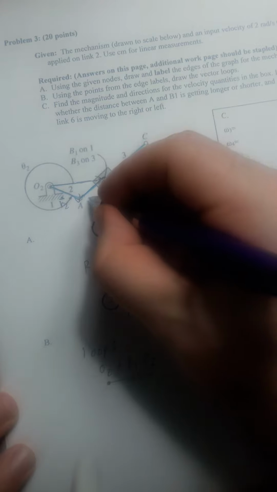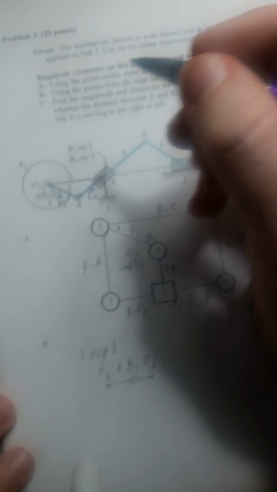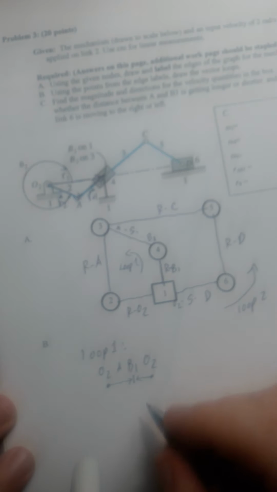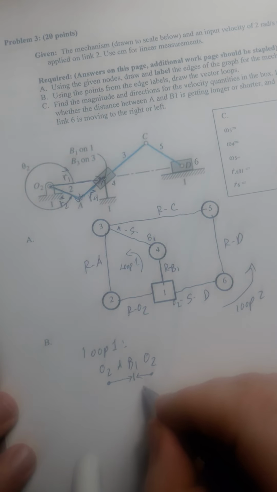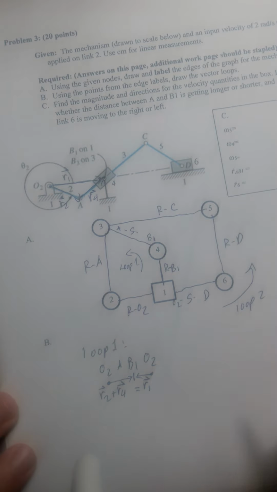That'll be R2, that one I'm going to call R4, because I'm going to have an R3 later that might be more convenient to call something else. This one is going to be R1, and so what that will give me is R1 equals R2 plus R4.